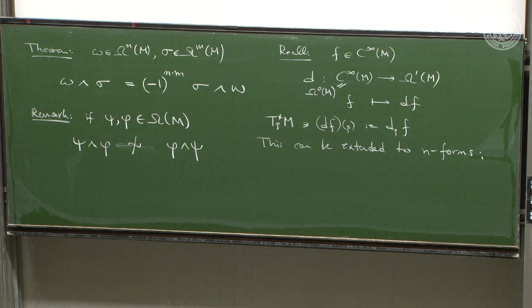The differentiable structure we have on the manifold is not enough to define a so-called covariant derivative on arbitrary tensors. But on forms, on these totally anti-symmetric tensors, there is a notion of derivative, the so-called exterior derivative we're going to define, that can be defined just in terms of the differentiable structure.